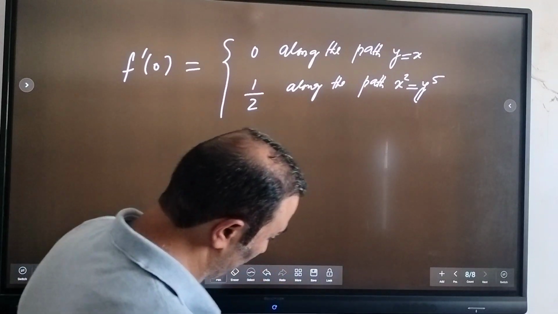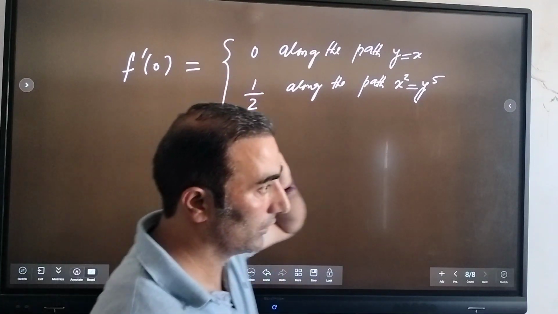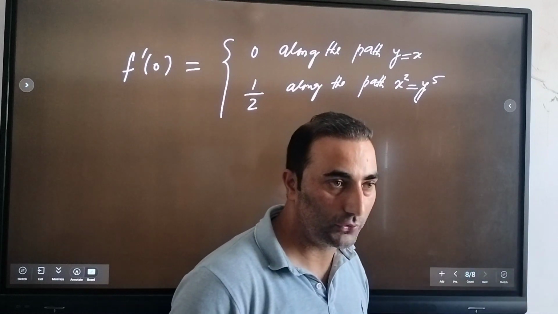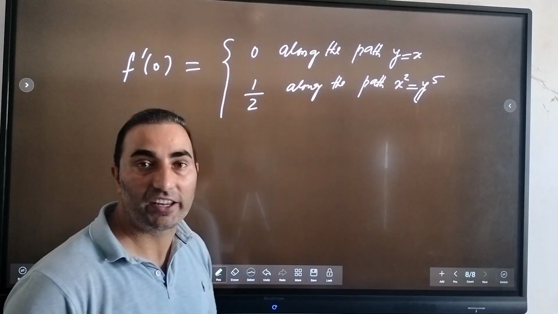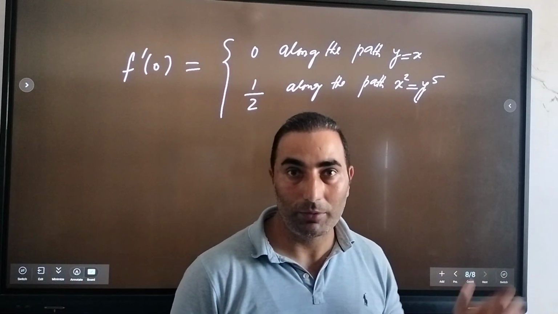So we have two cases. In the first case we are getting f dash of 0 equal to 0, but in the second case I am getting 1 by 2. So that means the limit is not unique here.